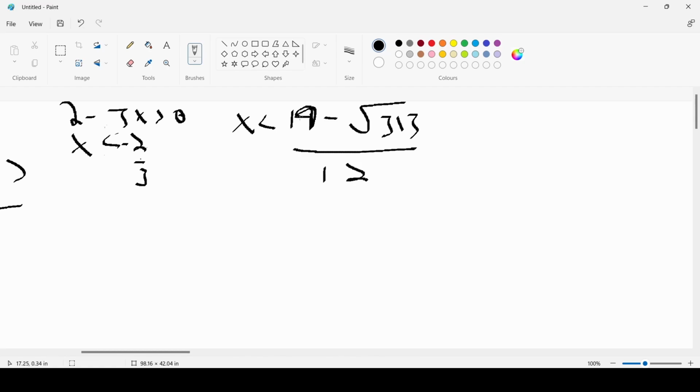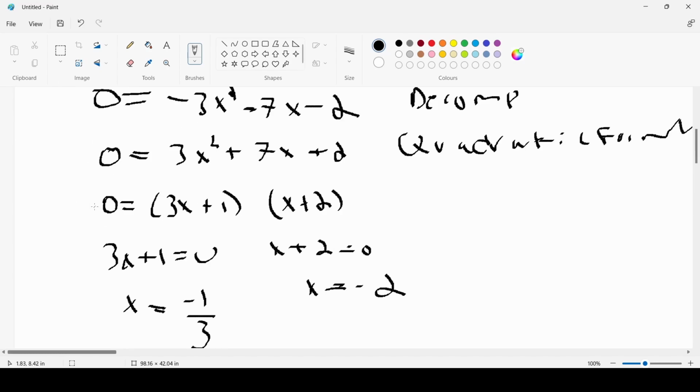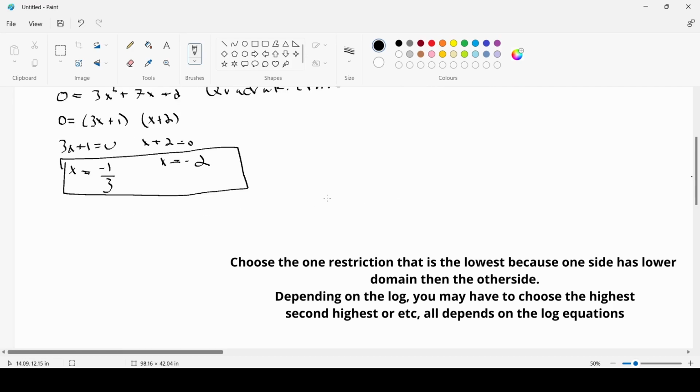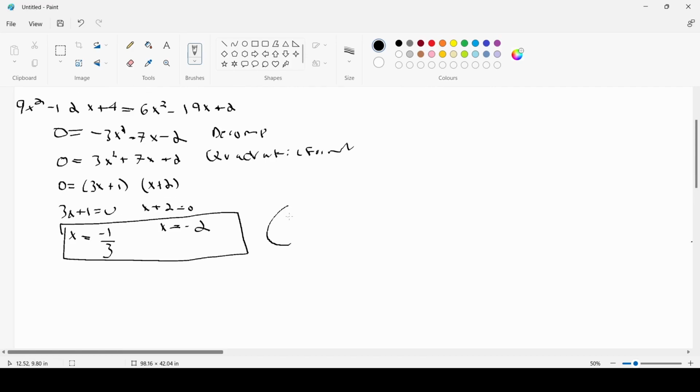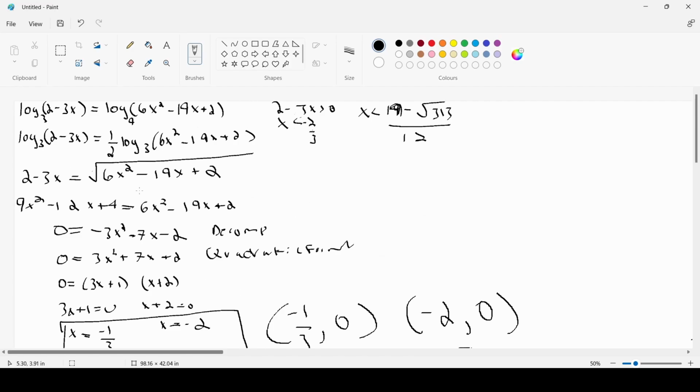This is a 19, by the way, apologize. And both solutions fit that. So these are our answers. If you're asked to write this in ordered pairs, you can just do negative 1 over 3, 0 and negative 2, 0. I prefer this, but this works the same. This is also perfectly fine. And that is our solution.